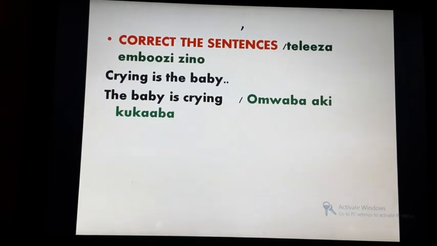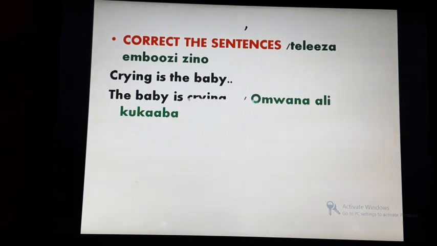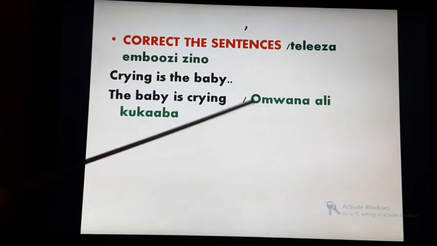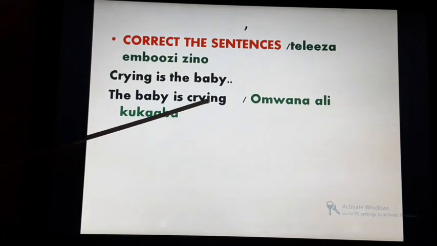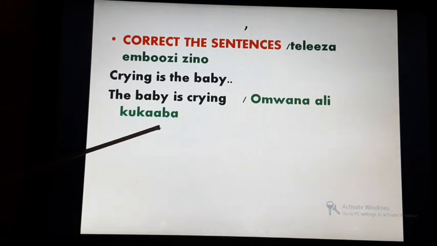Remember, we looked at subject, verb, and object. The subject is baby and the verb or action is crying. In Luganda, omwana ali kukaaba. Crying is kukaaba.